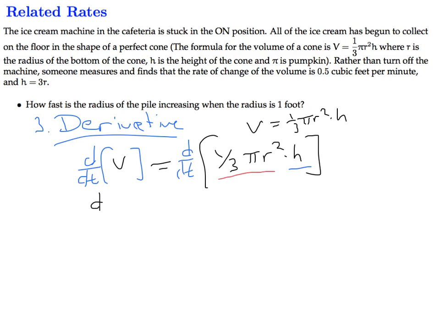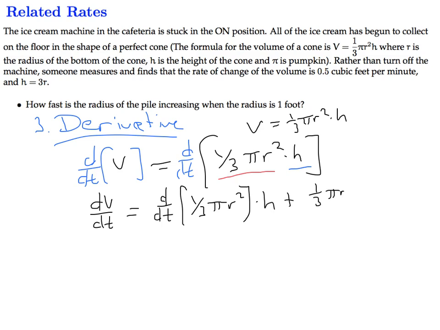So when we take their derivatives, we end up with dV over dt equal to the derivative via the product rule. We take the derivative of 1/3 pi r squared times leave the h alone, add this to leave 1/3 pi r squared alone and take the derivative of the function h.